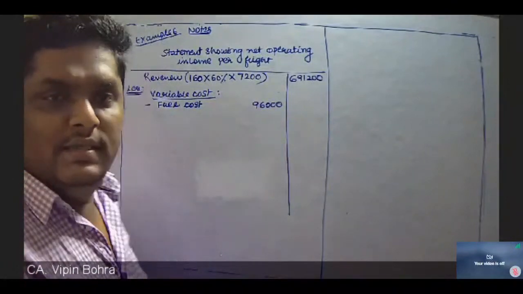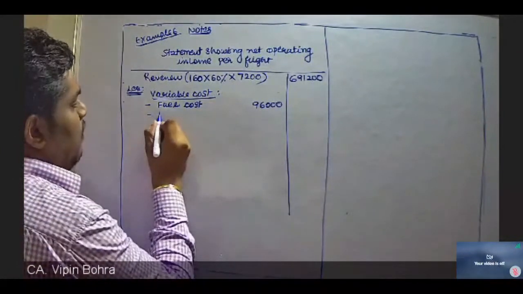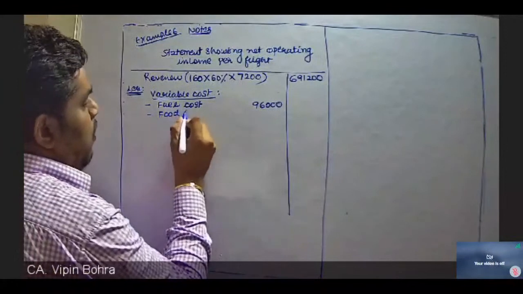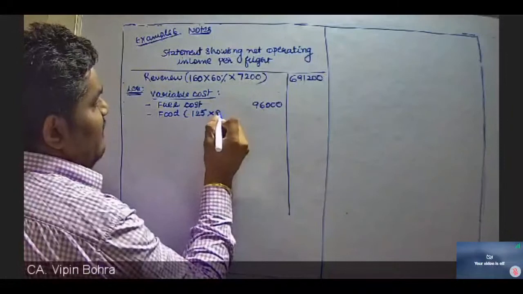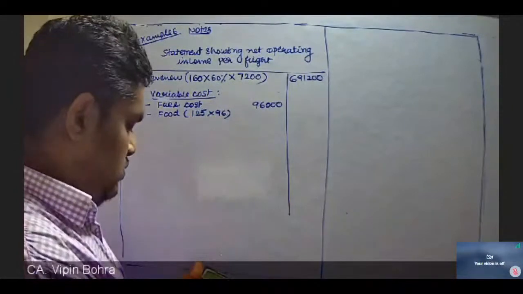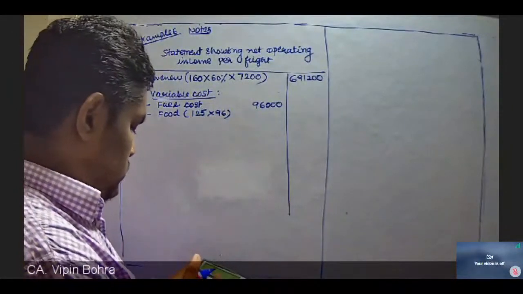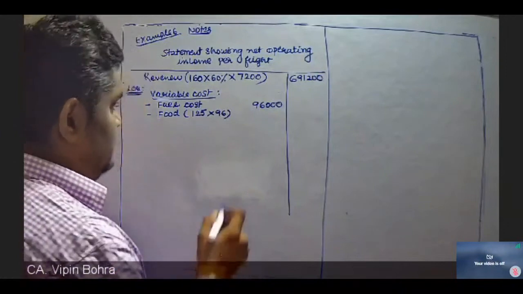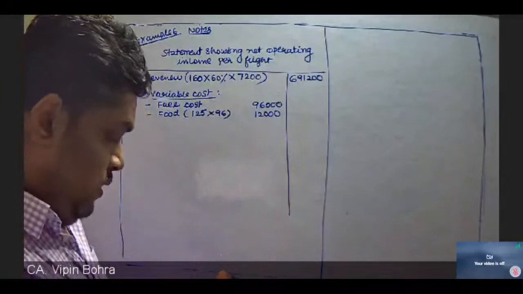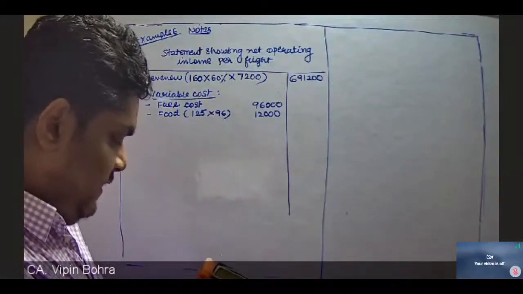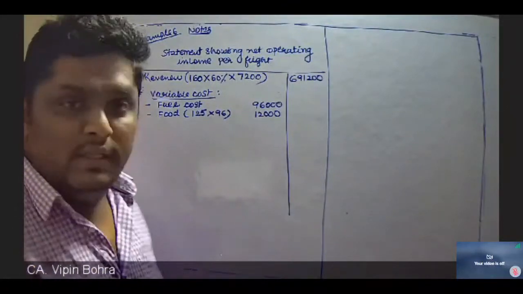Next is food. 125 rupees per passenger and the passengers traveling are 96. So 125 into 96 is 12,000.